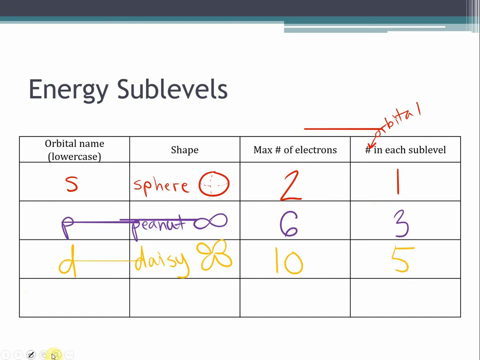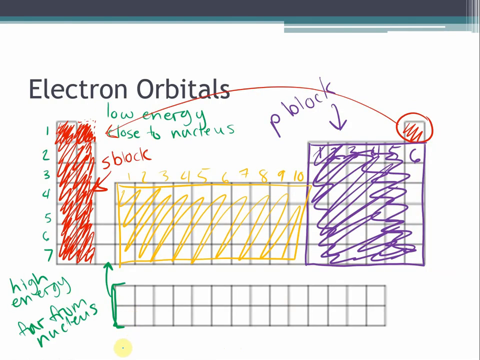Our last type of orbital is the f orbital. I'm not going to try to draw a picture of these, for reasons you will see in a second. We can just say that they are funky in shape, because again, there's really not a good word to describe what they look like. And just like your f orbitals are weird in shape, you find them in a weird place on your table. These are your f orbitals down here.